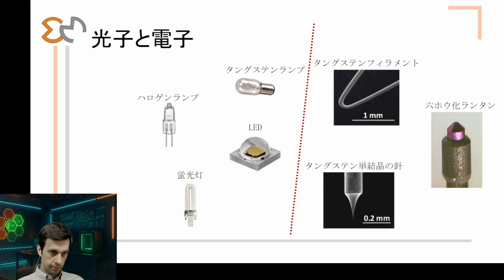One is a tungsten filament. Tungsten filament is very close to what tungsten lamps are. In this case, we have a small wire of tungsten. Then we have lanthanum hexaboride. Lanthanum hexaboride is a crystal, the pink crystal on the right. And the other possibility is usually to have a tungsten tip.